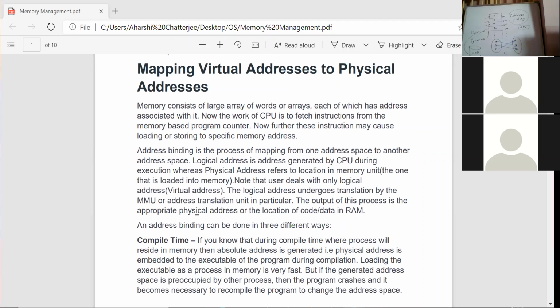Now, there are different other kinds of mapping: one to many, many to one, many to many. It will be many to many if I make X to B and then X to C, then Y to C as well, Z to A. Here X and Y both are mapped to C, and X is mapped to B as well as C. So this is many to many mapping. So address binding is also doing the same thing.